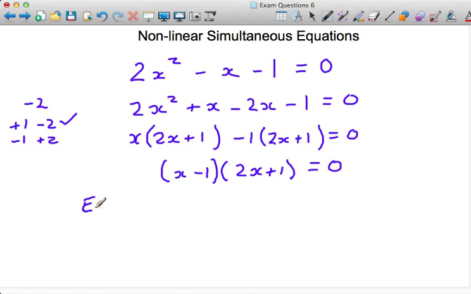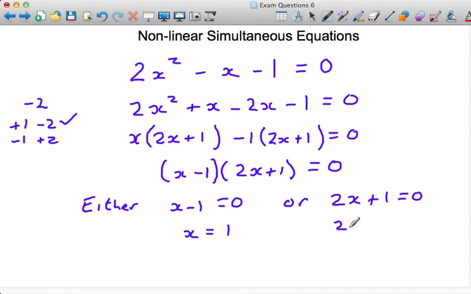So either x minus 1 equals 0, in which case x equals 1, or 2x plus 1 equals 0, in which case 2x is equal to minus 1 and x is equal to minus a half. So the solution is x equals 1 or x equals minus a half.